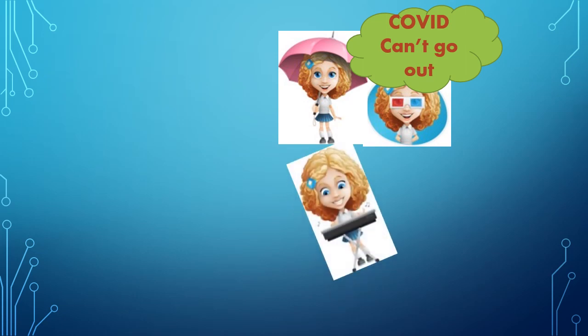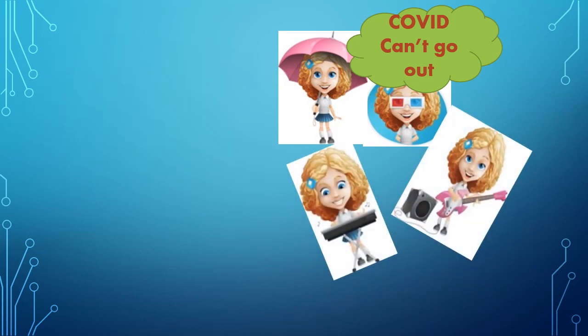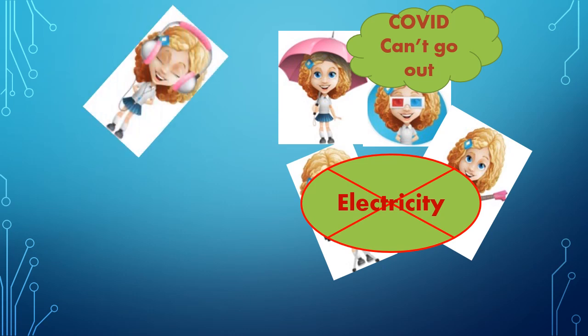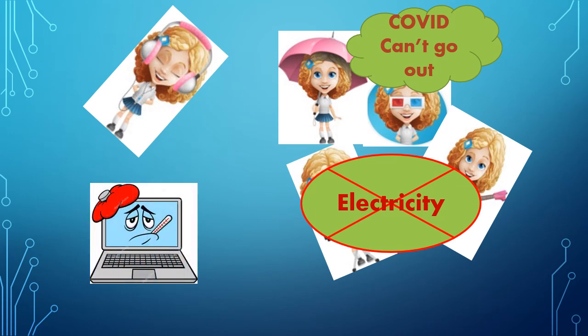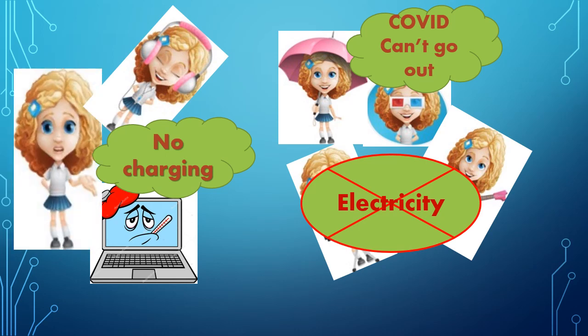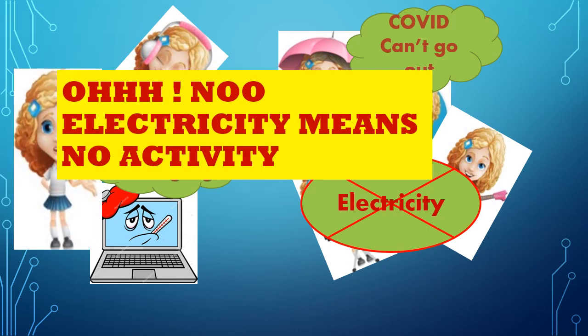In my room, I can play my piano or my guitar, but they also need electricity. Well, now I will listen to some music on my mobile or play some game on my laptop. But oh, they are not charged. What should I do now? No electricity means no activity.